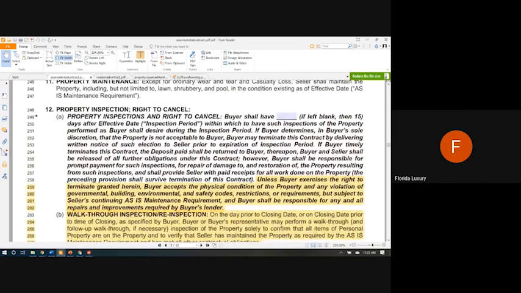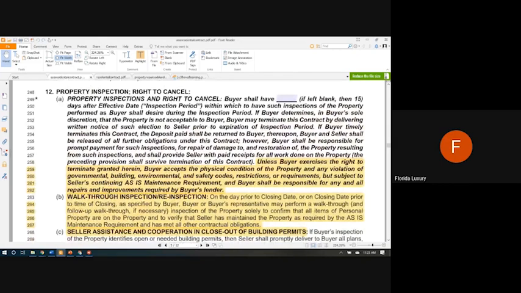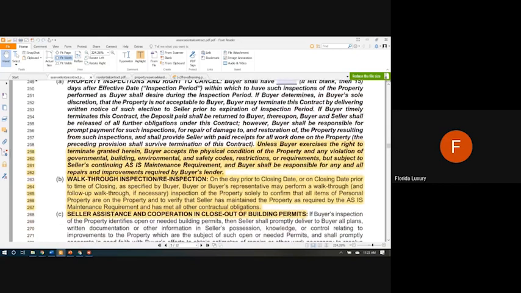The inspection, this is where you put your number of days for inspection. But starting on line 258, unless the buyer exercises the right to terminate, the buyer accepts the physical condition of the property and any violation of governmental, building, environmental, and safety codes, subject to continuing on an as-is maintenance requirement, which we're going to talk about. The buyer is responsible for any and all repairs and improvements required by the lender.